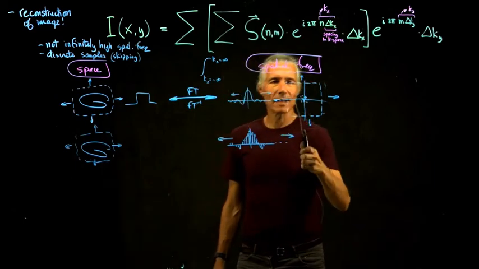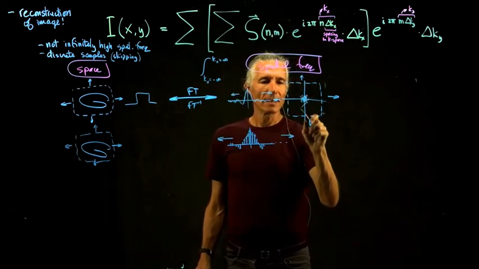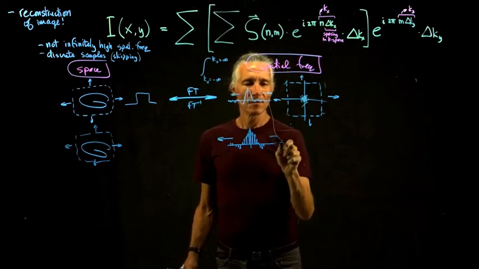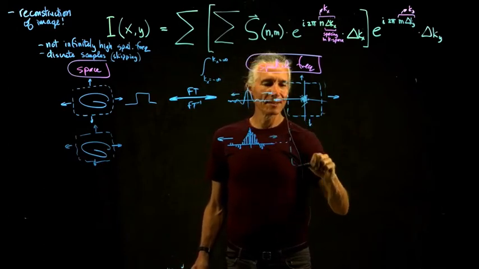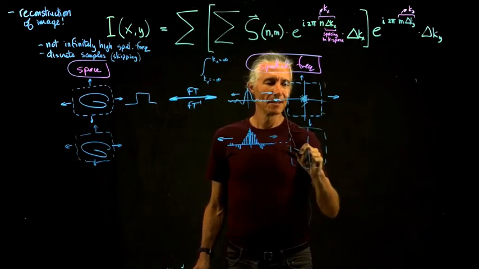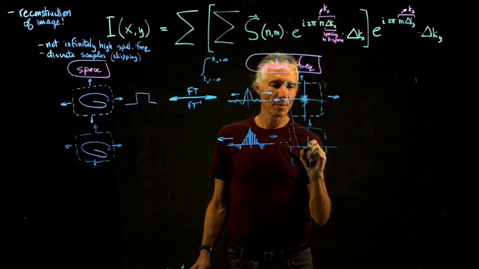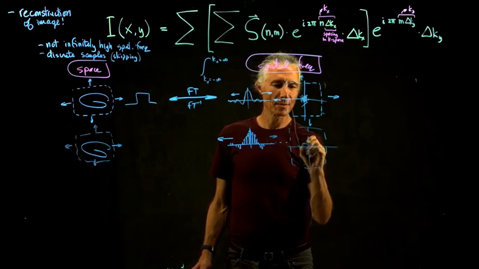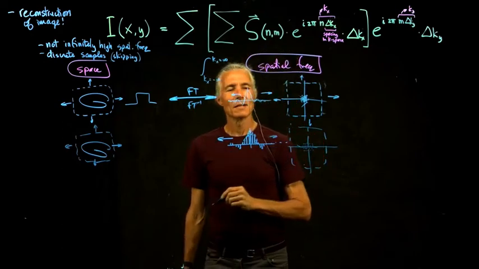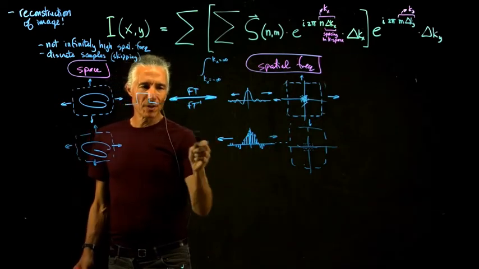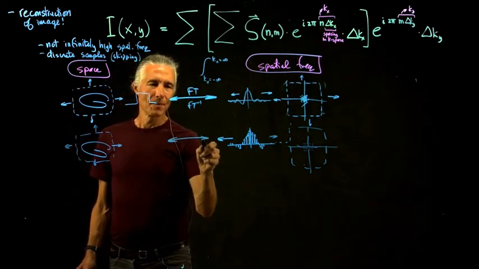So what does that look like in k-space? Well, we're not filling in all the intervening points. So we've just got samples at discrete points in k-space. We don't have infinitely fine samples. So what does that do when we do the inverse Fourier transform?